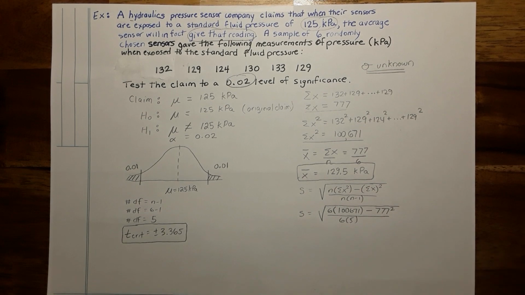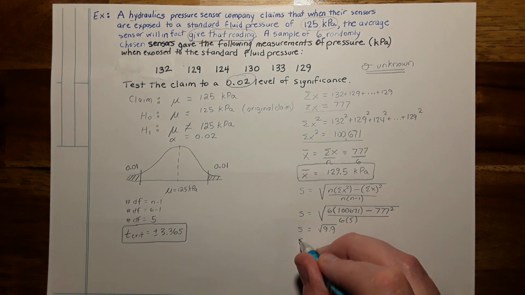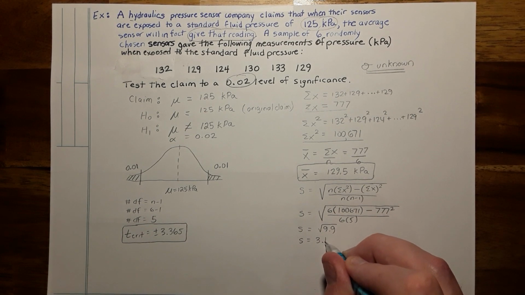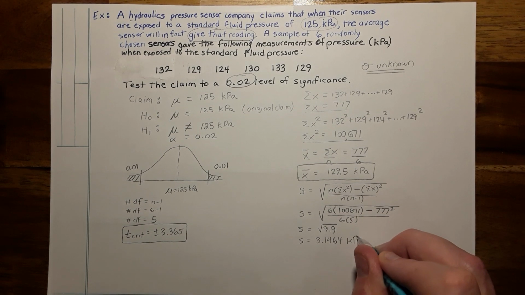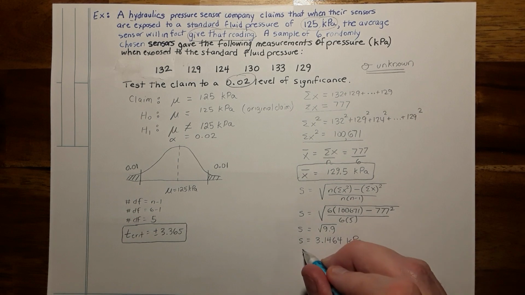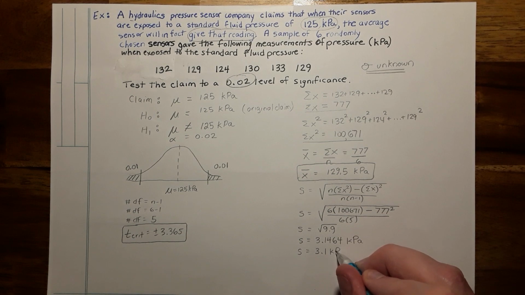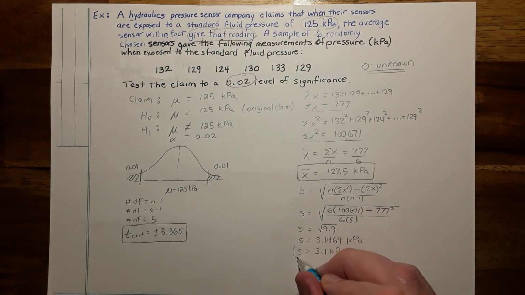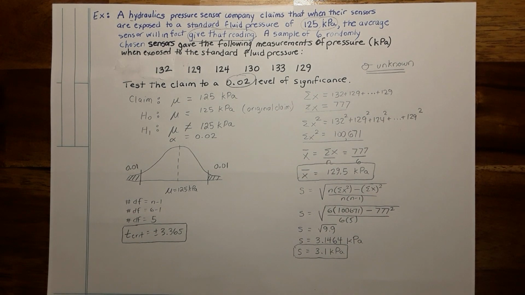We end up with a standard deviation of the square root of 9.9, which is 3.1464 kilopascals. Rounded, it would be 3.1 kilopascals. Both the mean and the standard deviation round to one more decimal than the data.